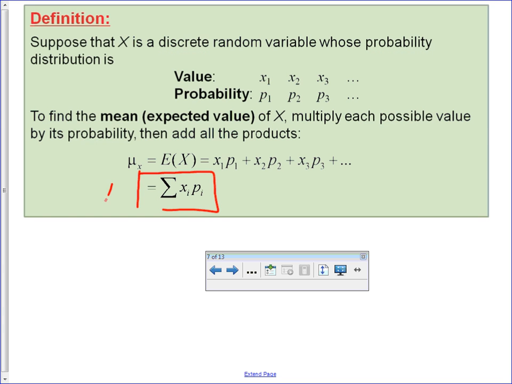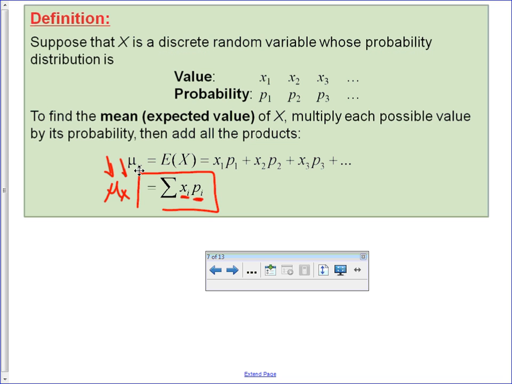Mu sub x, which is the average of x, is the sum of every single number times its probability. And this formula is on the formula sheet. So it'll be on the sideboard when we talk about it next class.